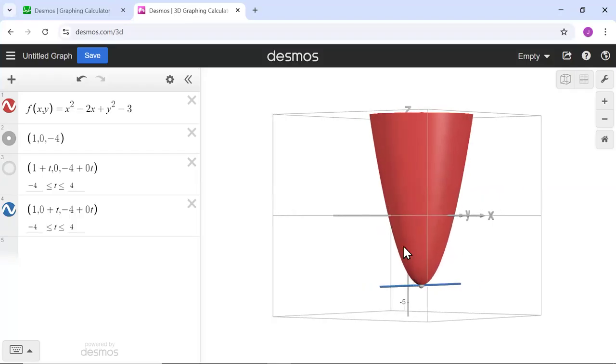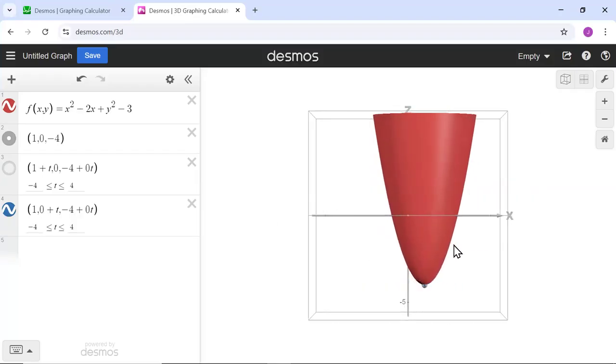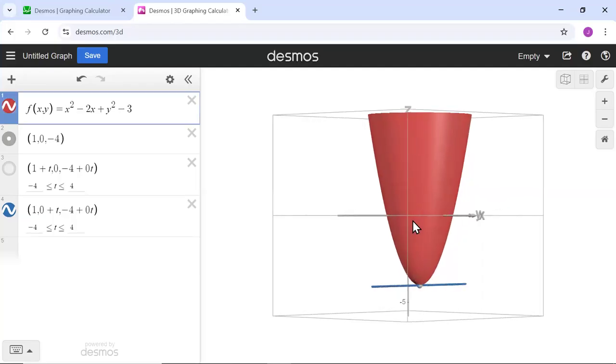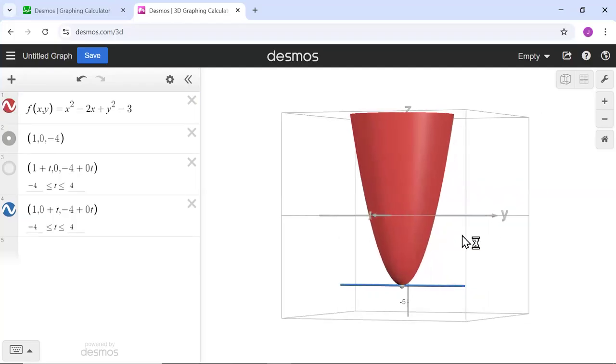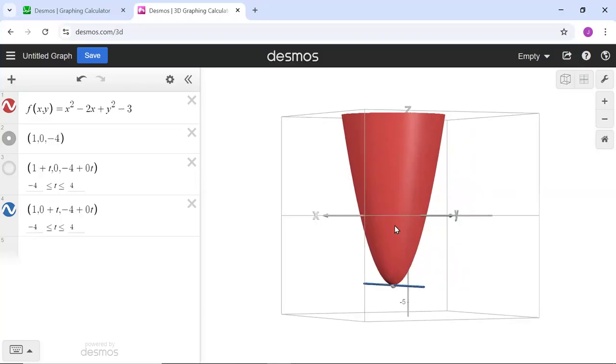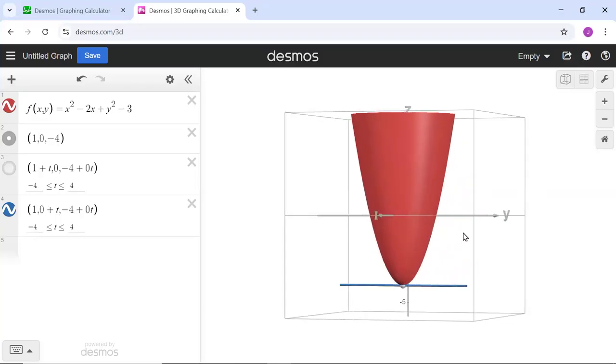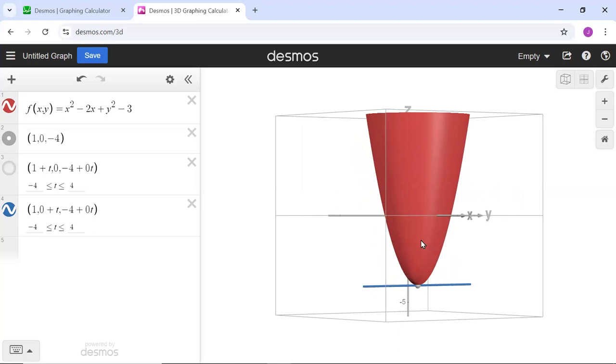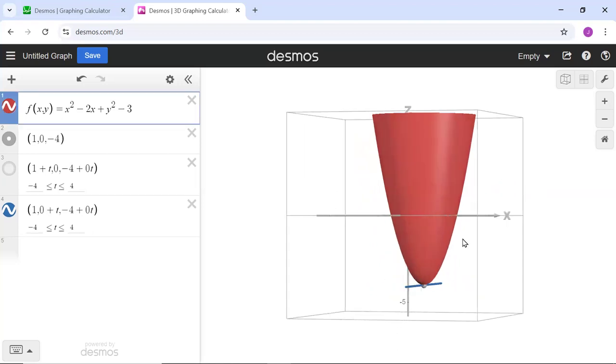When I said in the y direction, that doesn't necessarily mean it's on the z-axis. What it is, it's parallel to the y-axis. Going parallel to the y-axis. Hopefully you can see that and envision that.